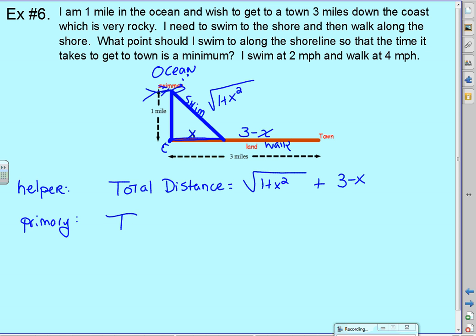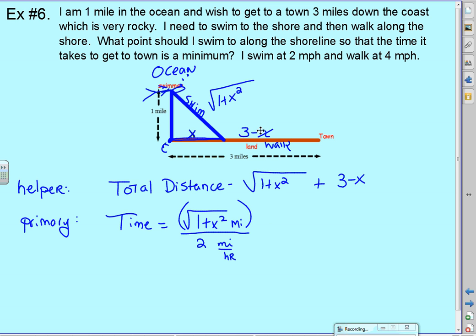So the time it's going to take will be the distance, square root of 1 plus x squared, multiplied, this would be in miles, wouldn't it? Let's get some unit labels on here. In miles, and then I can swim at 2 miles per hour.